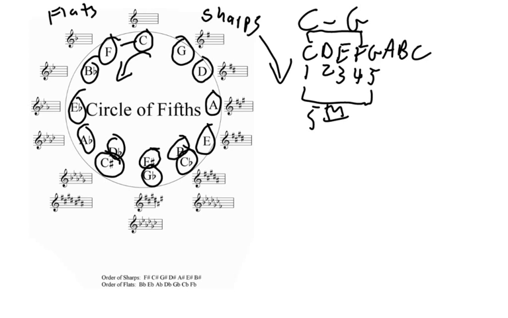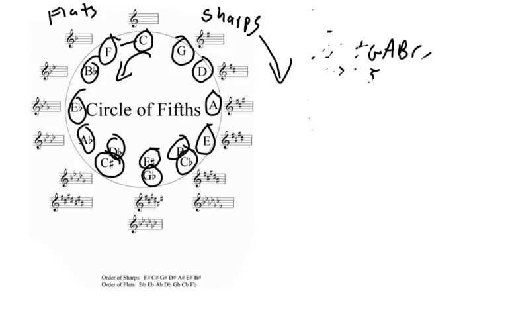Now let's talk about why and how to use the circle of fourths. When you're seeing key signatures on music, you'll see this at the beginning of a piece of music. It'll be in between the time signature and the clef sign.